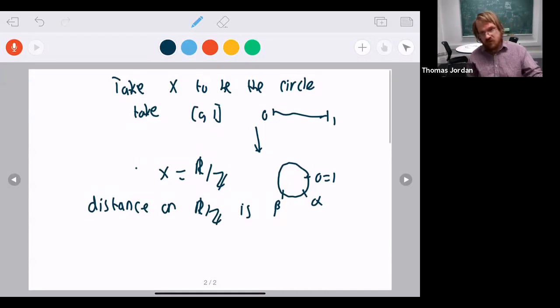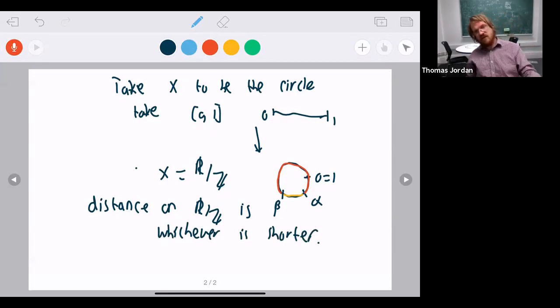Well, there's two ways around the circle. There's one I'll draw in yellow, and there's the one I'll draw in red. And the distance on the circle is just whichever is shorter.